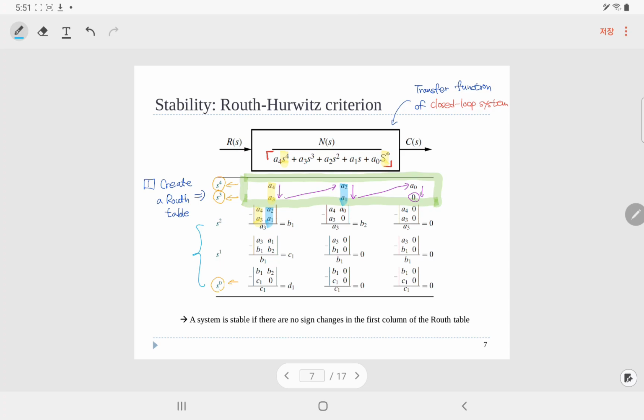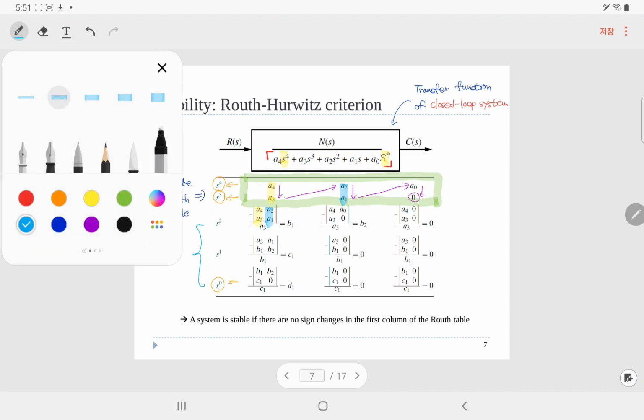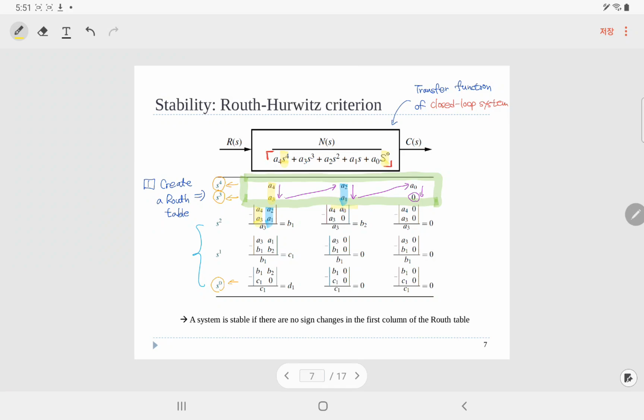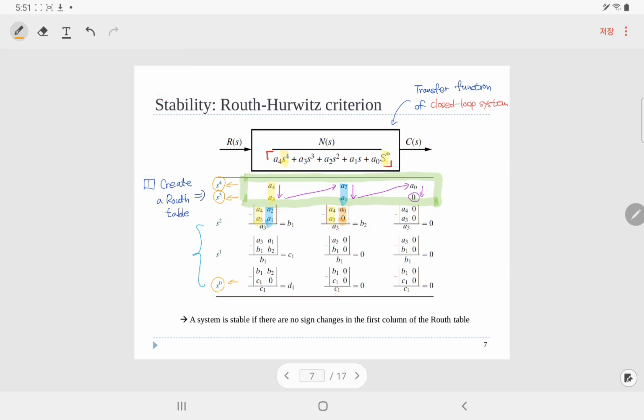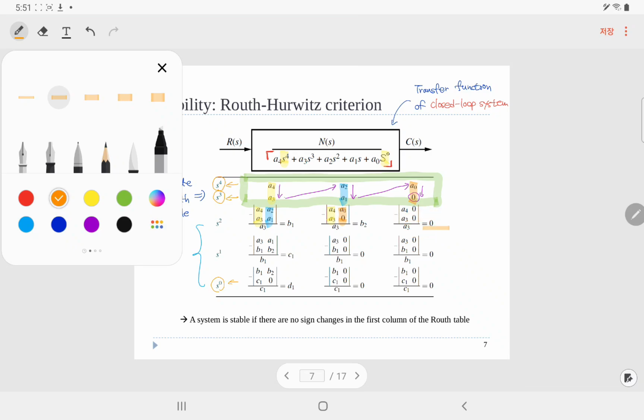Then consider the second entry. Here the first column of the determinant appears here. On the other hand, the second column becomes this one. The second column equals this column. So let's consider the rest entry.